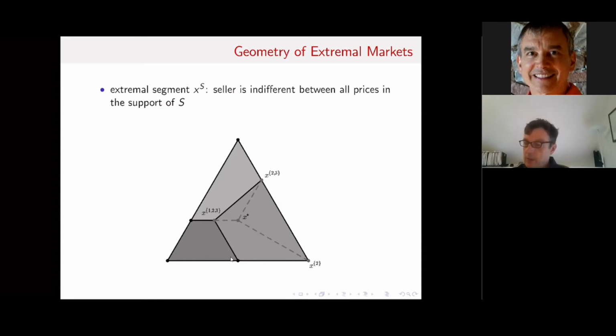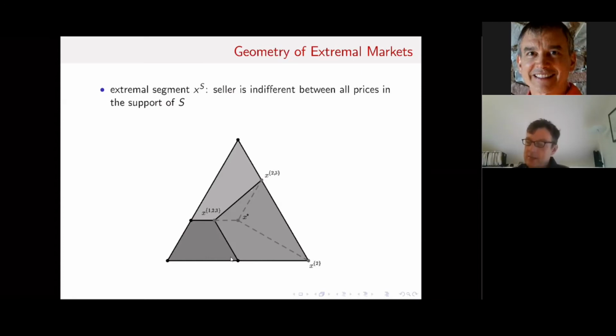What's more, and that's indicated here by the dashed lines, is that the example suggested a segmentation of the original market x star into a convex combination of x1,2,3, x2,3, and x2 that in the sum satisfies our summing up constraint, or the aggregation constraint.